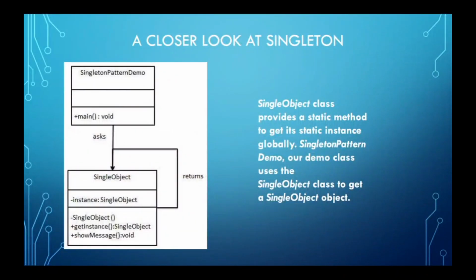So, a closer look at singleton. This diagram in particular has to do with a decent amount of object-oriented principles. Think about it, right? When you have a private constructor, I thought about that when I saw this diagram.